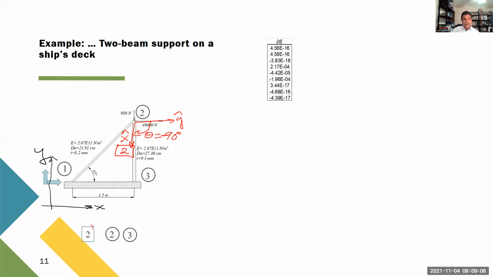So this joint here, I'm going to write to the left. It says that you move to the right and downwards. So this moves to the right and downwards. So this is D2X, this is D2Y. And now what we need to do is try to find in this local reference system, these values.